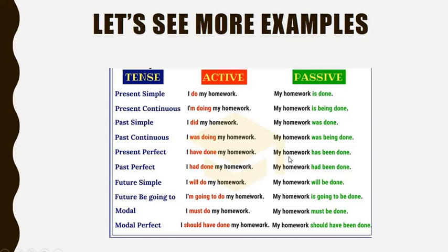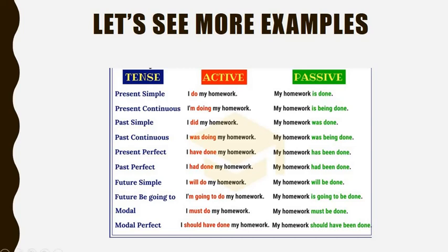Present perfect, my homework has been done. Past perfect, my homework had been done. Future simple, my homework will be done. Future be going to, my homework is going to be done. Modal verbs, my homework must be done. Modal perfect, my homework should have been done.